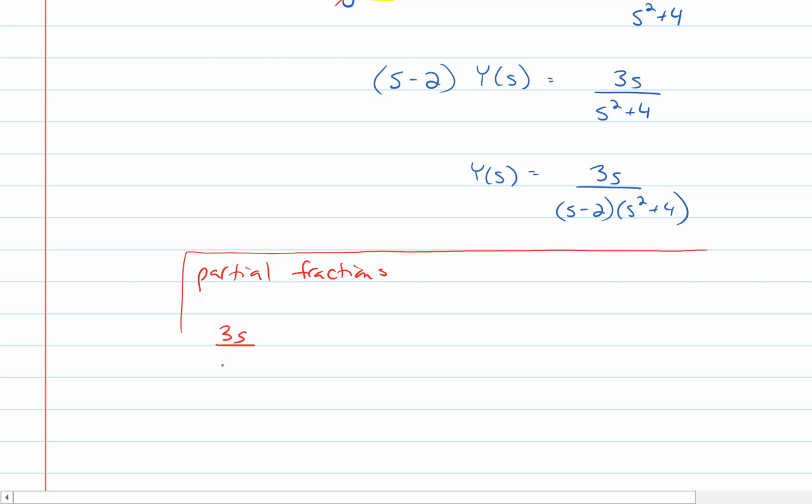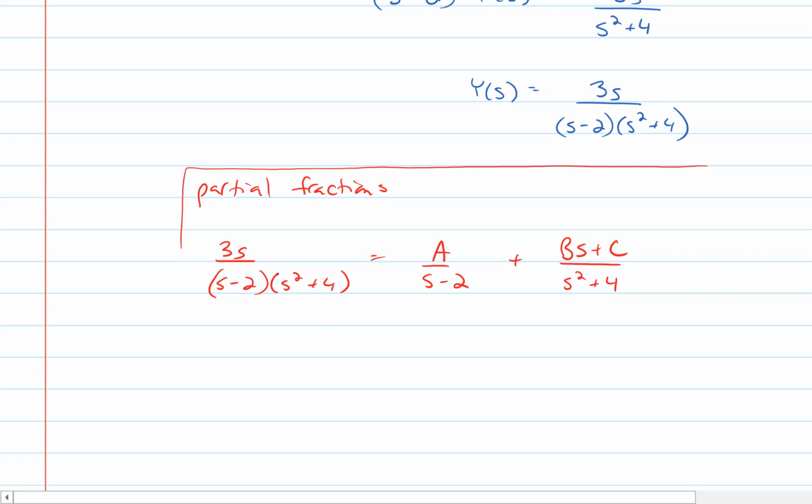S over s minus 2 onto s squared plus 4 will give us A over s minus 2. It's a linear factor on the bottom, so we just have a constant on the top, plus something over s squared plus 4. It's a quadratic on the bottom, so we need a linear term on the top, so we can have Bs plus C.